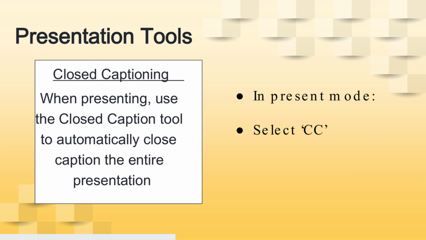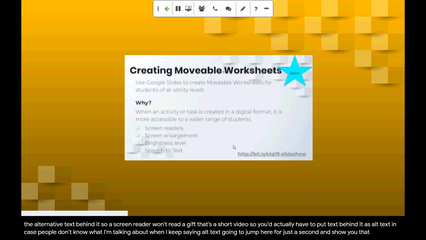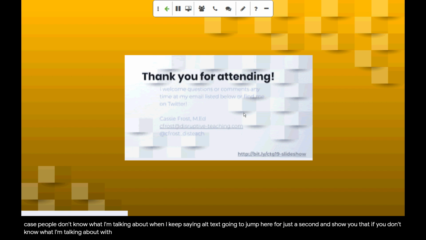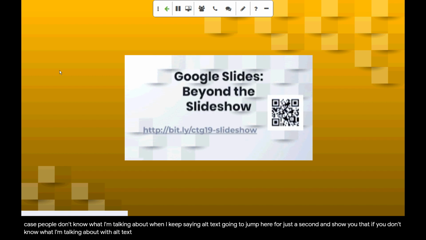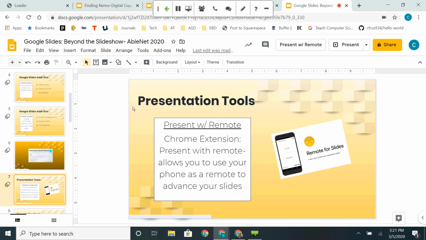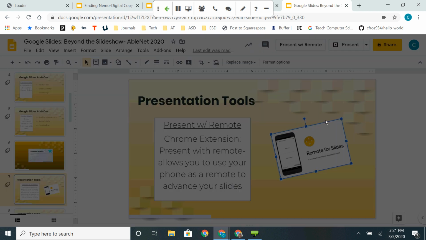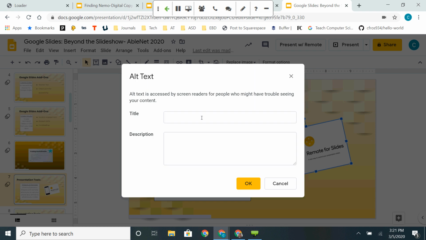In case people don't know what I'm talking about when I keep saying alt text, I'm going to jump here for just a second and show you that. I need to get out of here. Come on, go away. Okay. So if you're not sure what I'm talking about with alt text, that is when you take an image, and if you right click on it, you can go to alt text, and it will give you a title and a place to describe that picture.